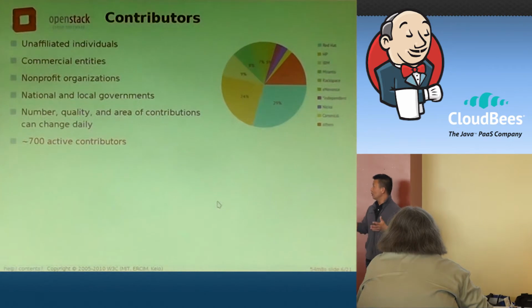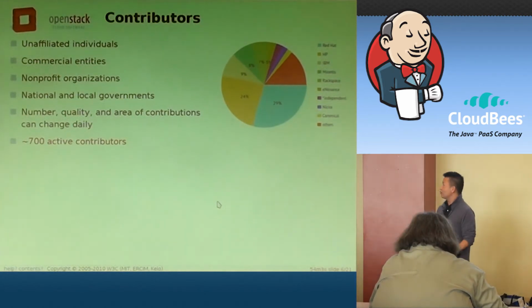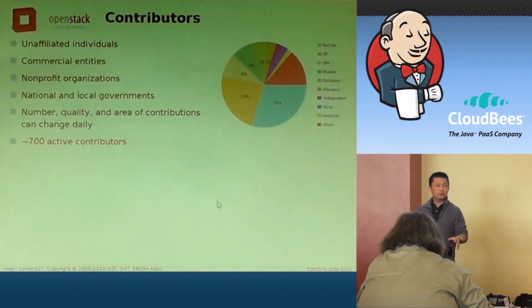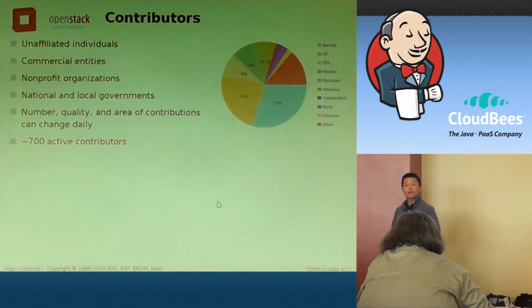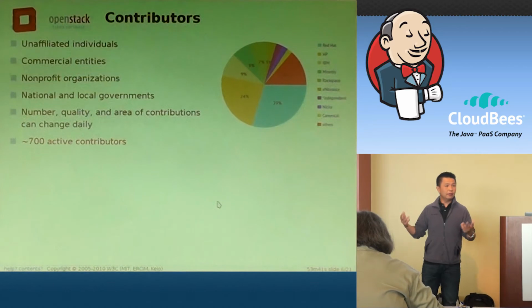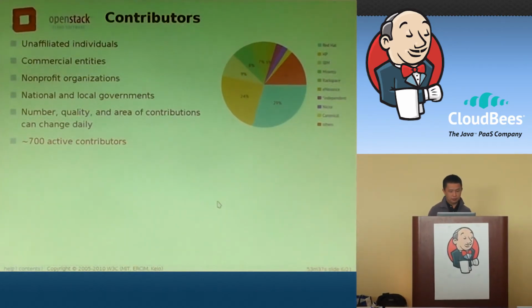But basically, what this makes up is a lot of contributors. Right now I think it's probably averaging 700 active contributors. An active contributor, I think the definition is someone who has submitted a patch within 3 months or something like that. So that's a lot of contributors. This is a very large project, and not very many people run projects this large, I think.